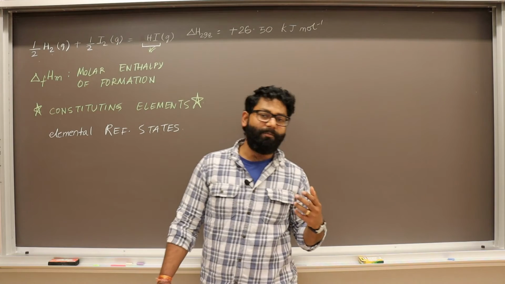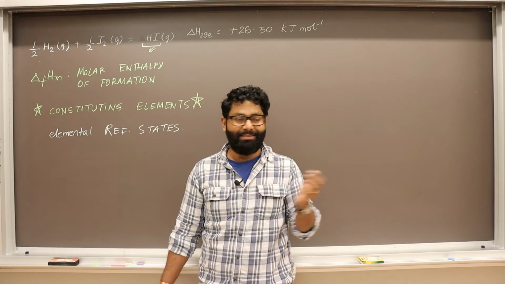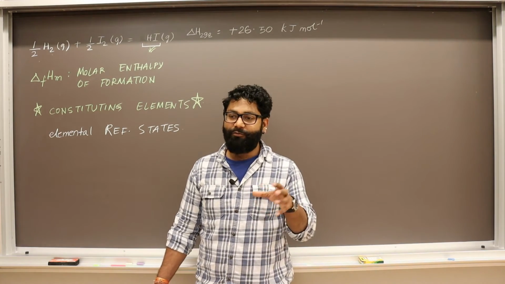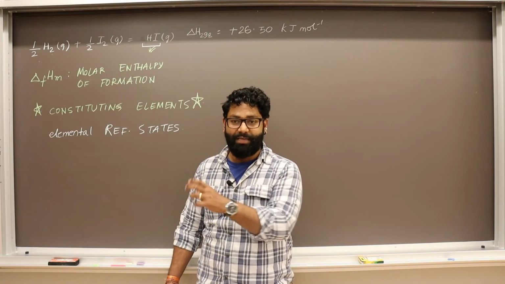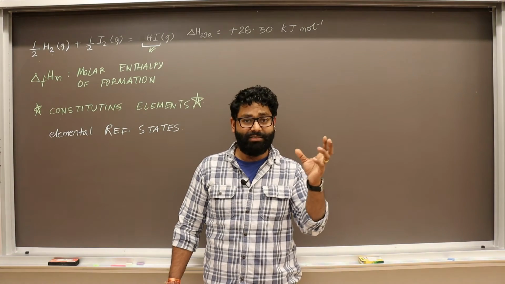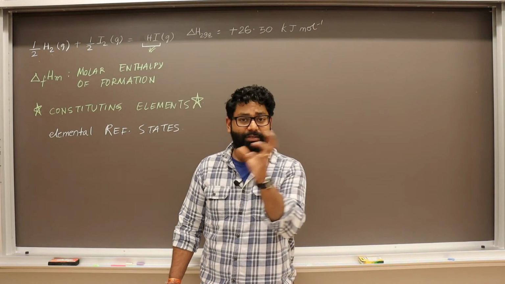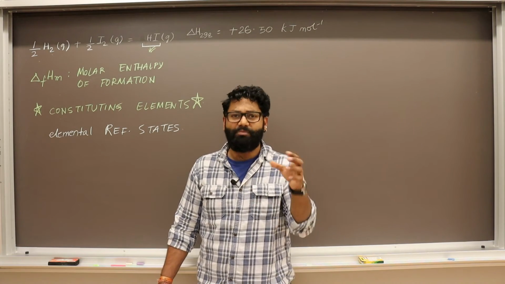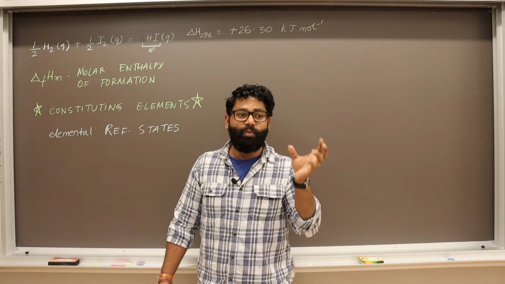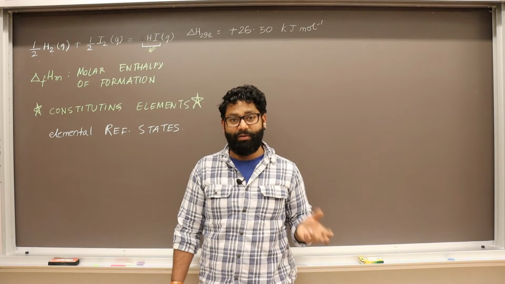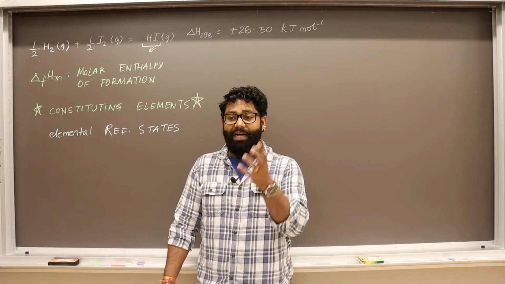For example, if you are forming some kind of iron oxide and you want to find out the delta heat of formation of that iron oxide, what does iron oxide come from? It comes from iron and oxygen. So the question here is, what is the state of that iron? What is the state of the oxygen?